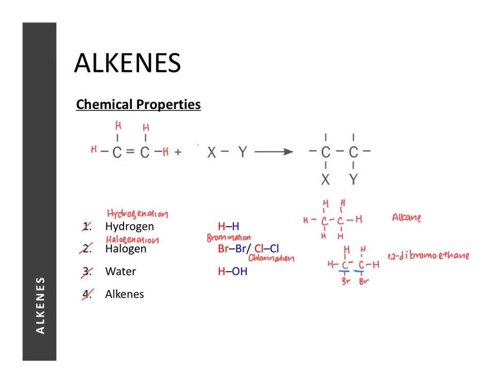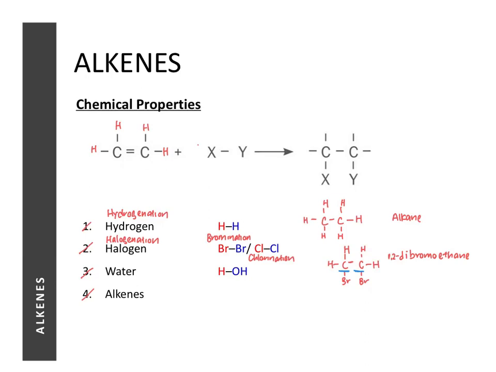So there's one bromine on carbon number 1, there's one bromine on carbon number 2. Why is that important? When you're adding something to an alkene, each carbon atom in the functional group will form a bond to a new atom.